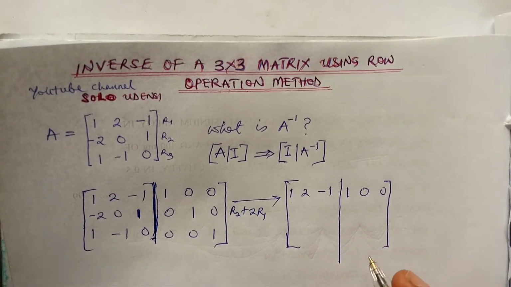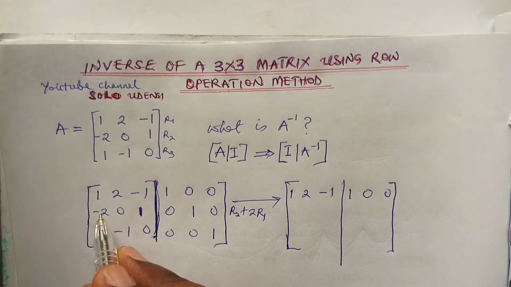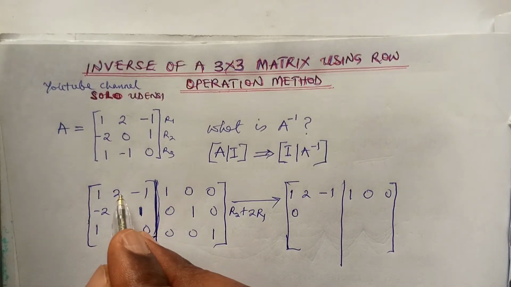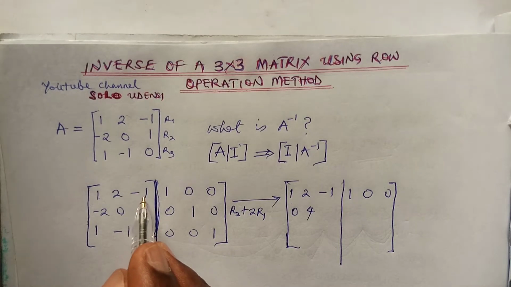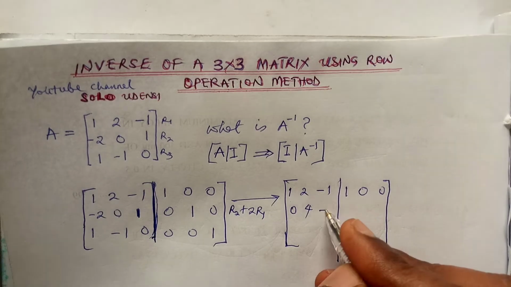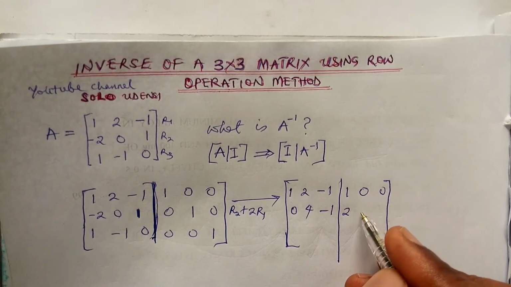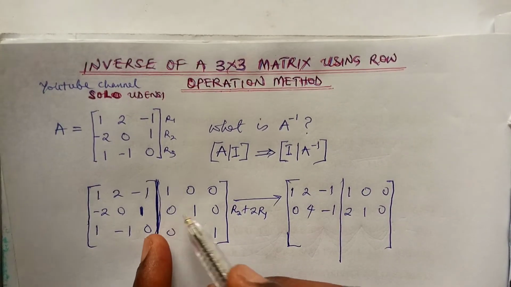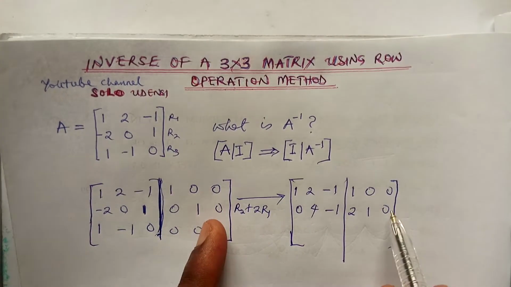So row 2 plus 2 row 1: 2 plus 0 gives 2, 4 plus 4 gives 4... minus 2 plus 1 gives minus 1. So also you have 2, 1, 0. That is 2 times this 2 plus this 2, 2 times this 0 plus this 1, 2 times this 0 plus this 0.